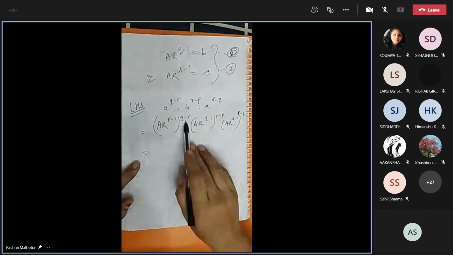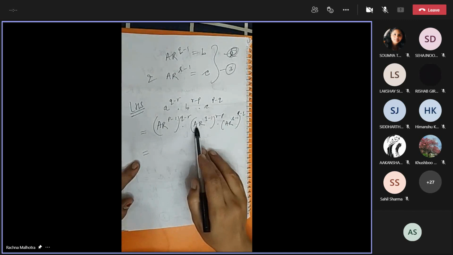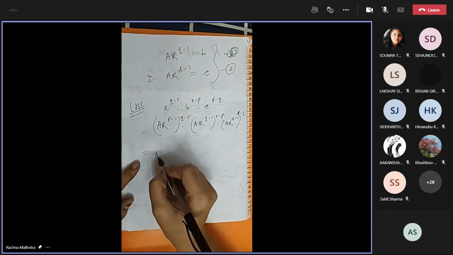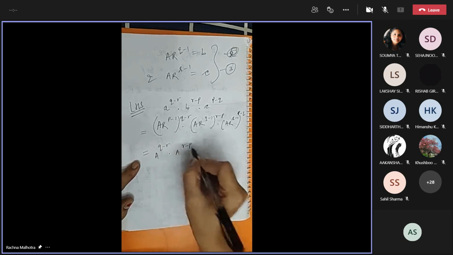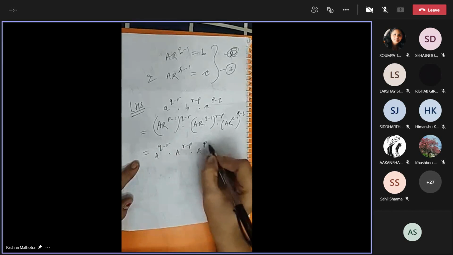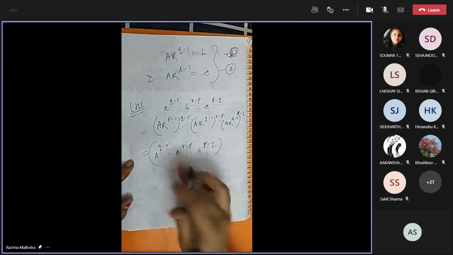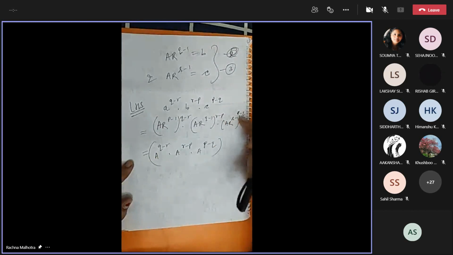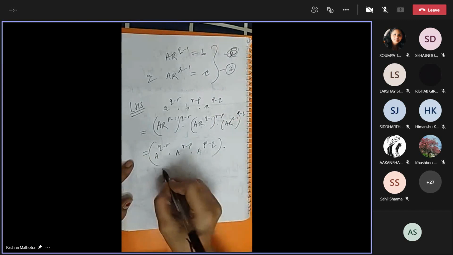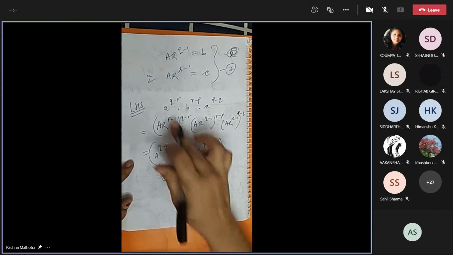You can see the power of A, Q minus R, A to the power R minus P, so you can add all the powers of A. A to the power Q minus R, A to the power R minus P, A to the power P minus Q. Now what about the powers of R?